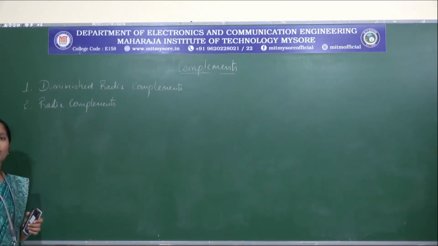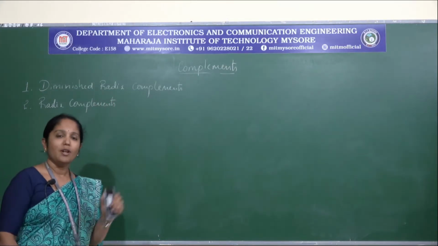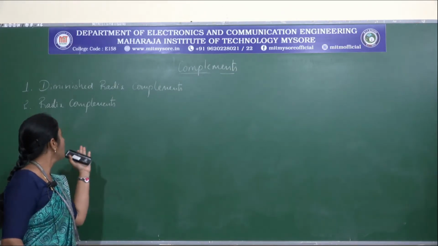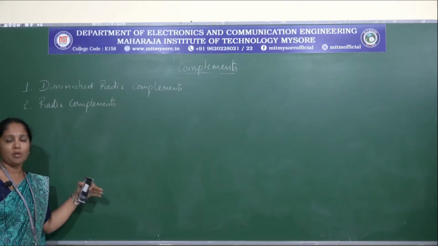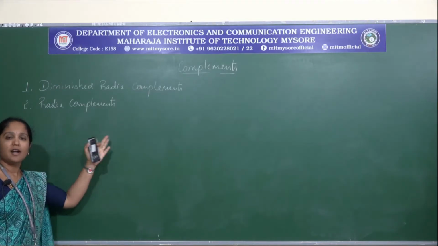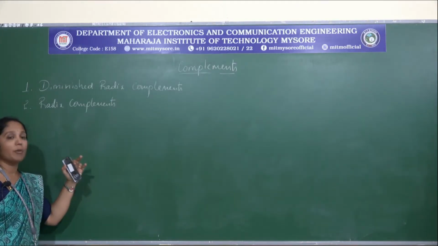These are the two types of complements we have. Now let us see in detail what the diminished Radix complement and the Radix complement are, and how to obtain them.